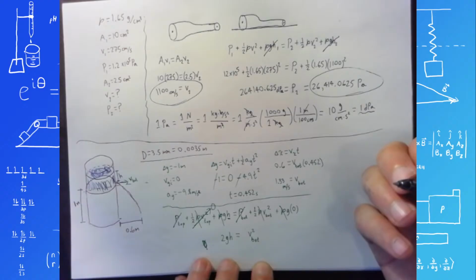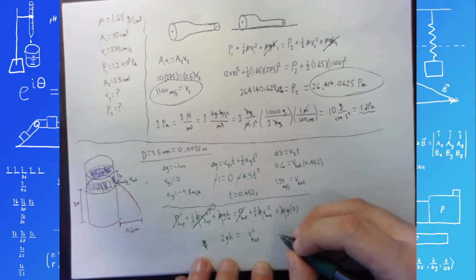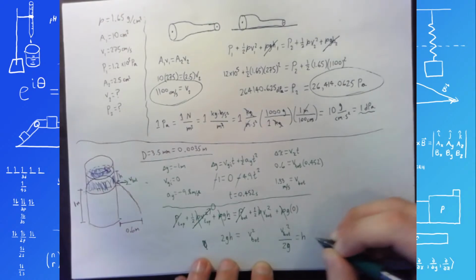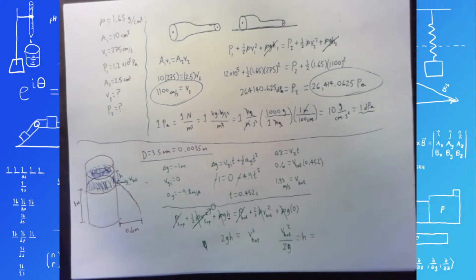We're trying to find h, so divide by 2g, and we get v bottom squared over 2g equals h equals 1.33 squared over 19.6.